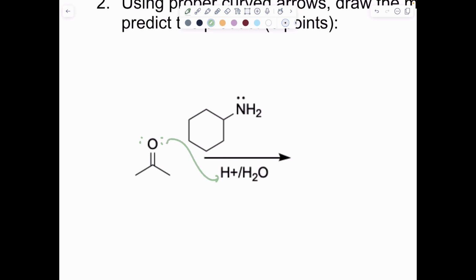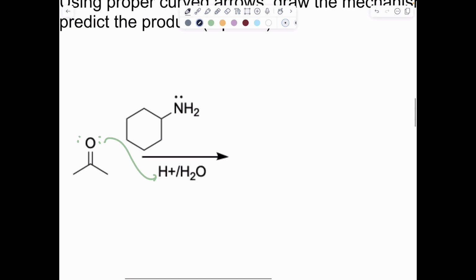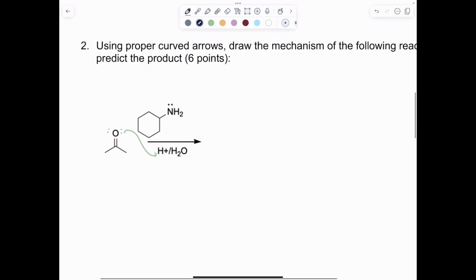So the ketone is going to grab one of those protons and create the ketonium ion. And we know this is capable of resonating, so I'm going to draw the resonance structure as well, which has the double bond breaking and forming a carbocation at the carbonyl carbon.